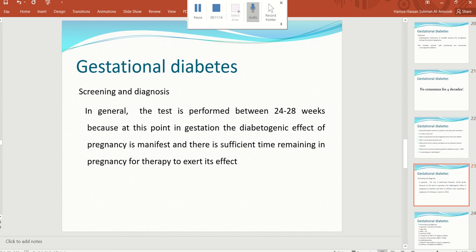Now, screening for gestational diabetes. As we said, gestational diabetes is discovered during pregnancy. It usually occurs in the second half of pregnancy.